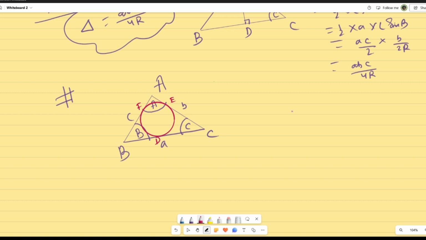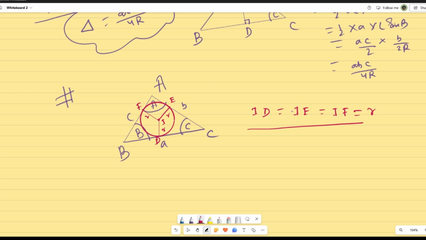Keep this in your mind. But this circle has a center. If we join D, E and F, and this incircle center we take as I, then ID equal to IE equal to IF, and this is your inradius.